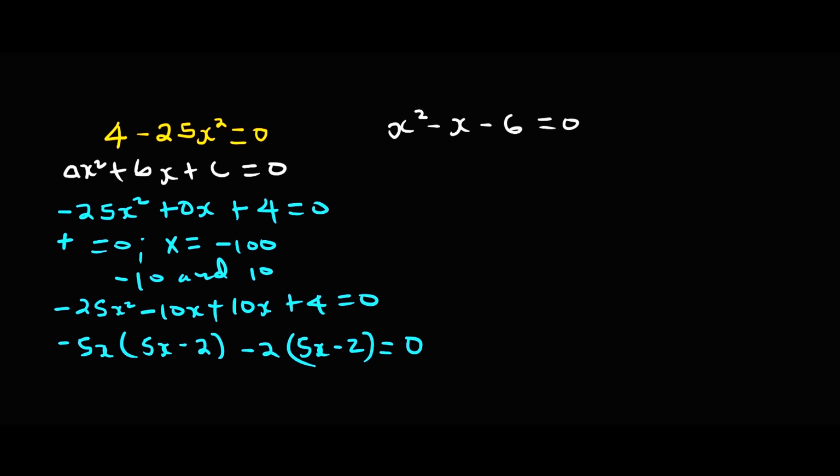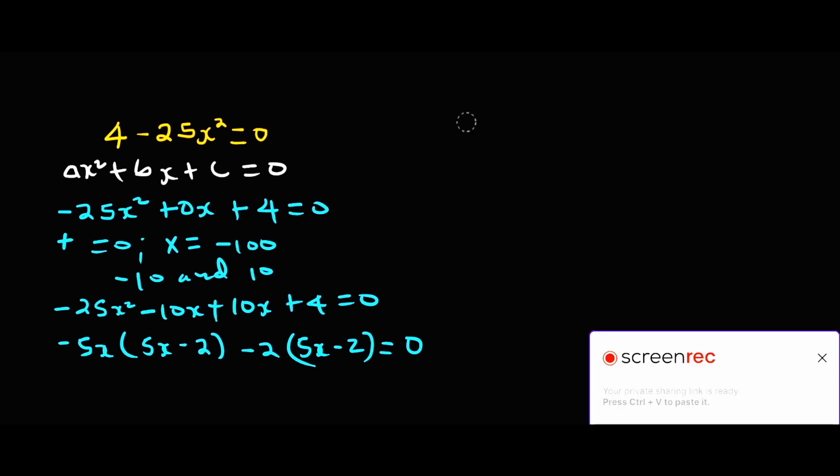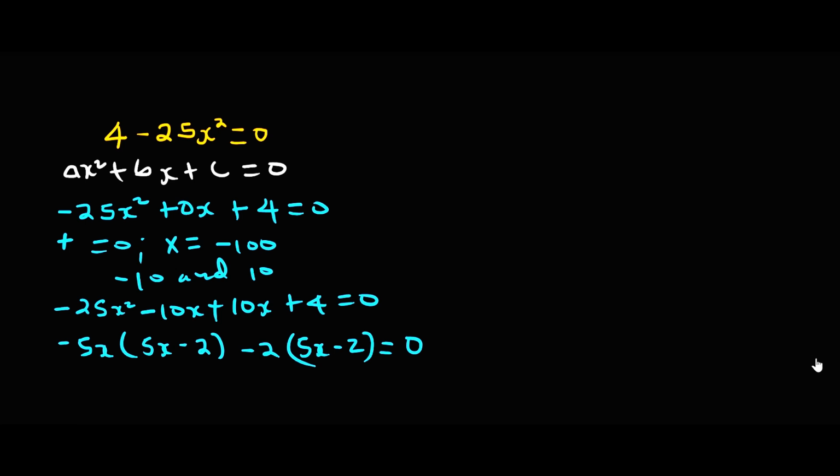The next thing would be to rewrite this equation, but this time we pick the first one as negative 5x plus 2, and then we pick one from the bracket, that is 5x plus 2, and that's equal to 0. From this, we can see that either this or this is equal to 0.